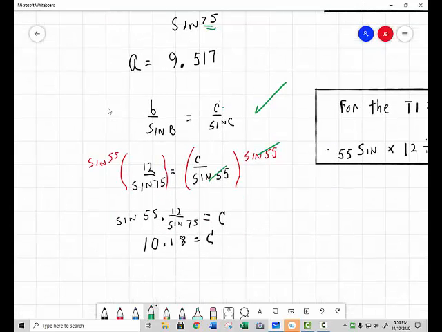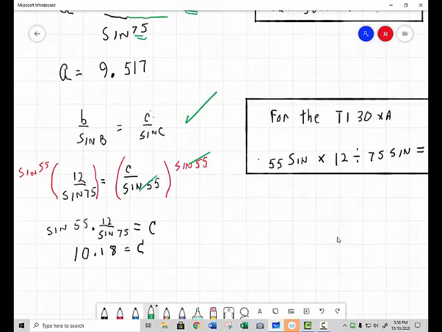We're going to do exactly the same thing for that TI-30XA. You have to enter the argument first. So if I want the sine of 55, I must write it as 55 and then sine on your calculator.